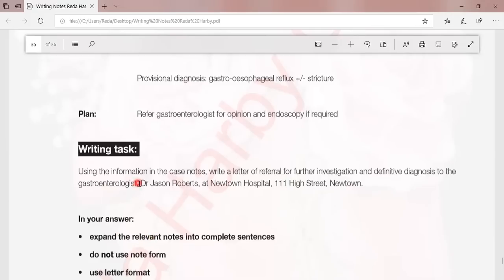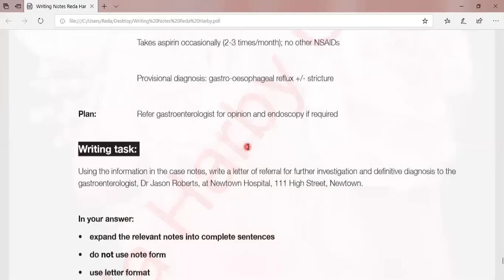To gastroenterologist Dr. Jason Roberts, this is the name of the doctor, the specialty of the doctor, and the address of the doctor. So now you are ready to write a referral letter to Dr. Jason Roberts, gastroenterologist, Newtown Hospital, 111 High Street, Newtown.